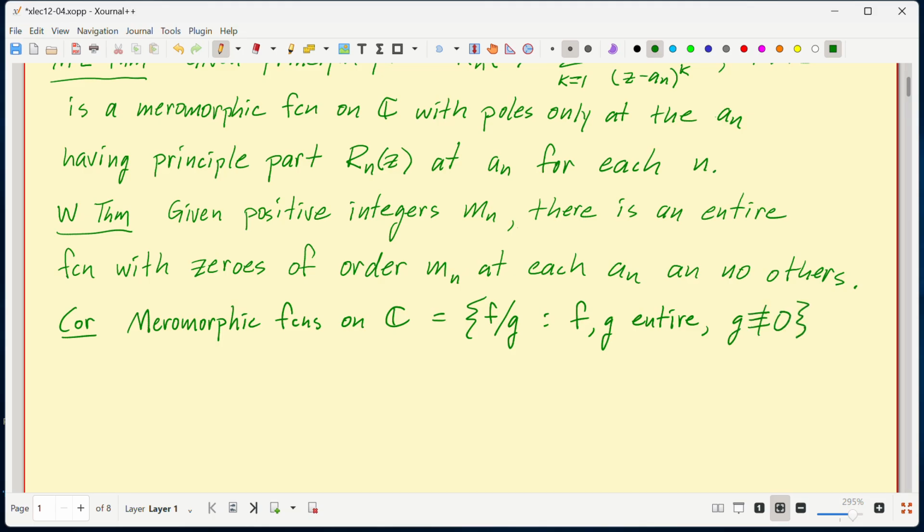So the meromorphic functions are the division ring you get from entire functions. That's kind of a cool thing to know.